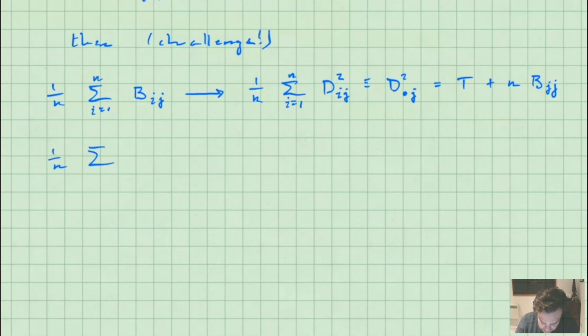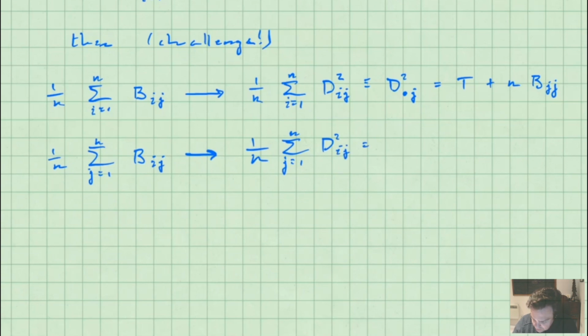Okay, now the next sum is a sum over j. And again, a weighted thing. And d squared ij is equal to di dot squared. That's just the definition.